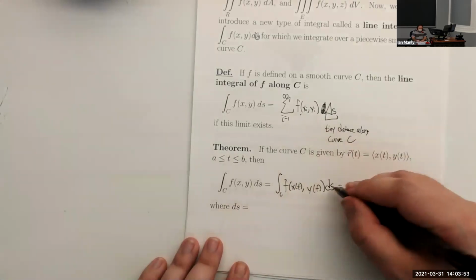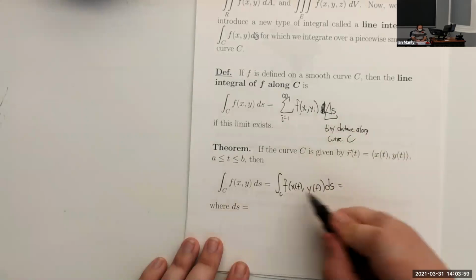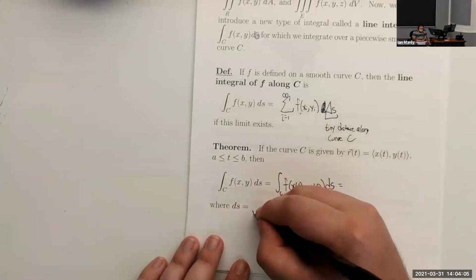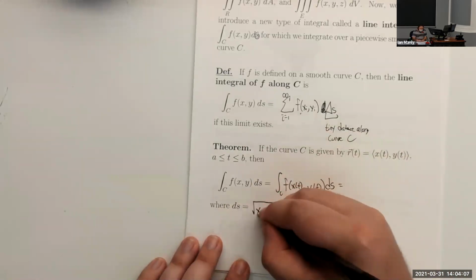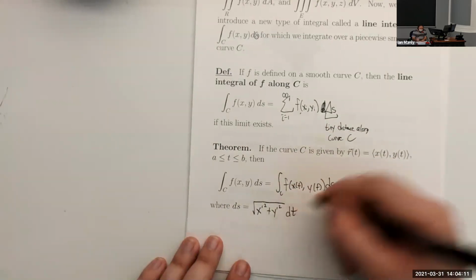Now, what we could do is we can change ds into t's, because now we have our variable in terms of t, right? So let's remember what ds is right here. ds is the square root of x prime squared plus y prime squared dt.